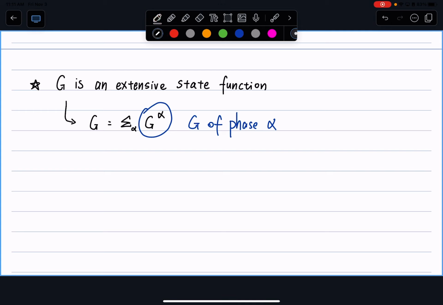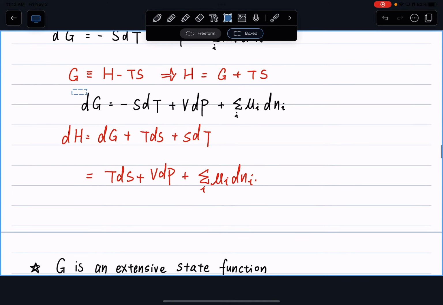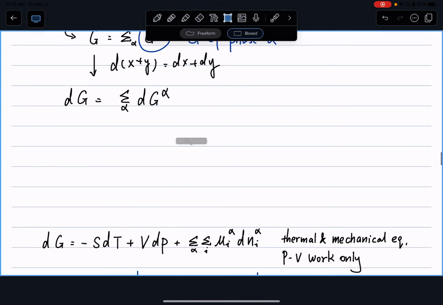And again, using calculus, we can write dG as the addition of all these dG alpha. What we're using is d(x plus y) equals dx plus dy. And what we had before, dG equals negative SdT plus VdP.